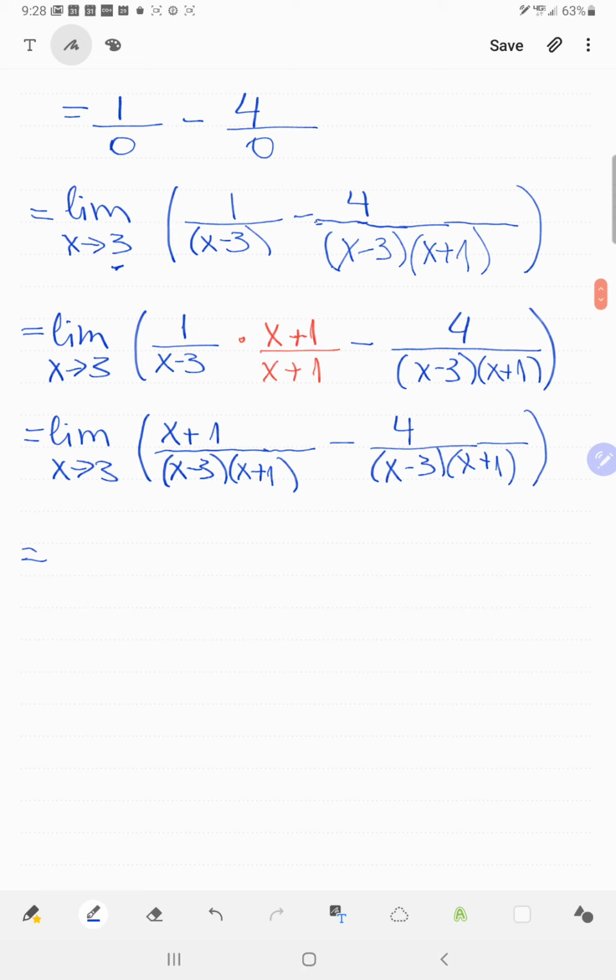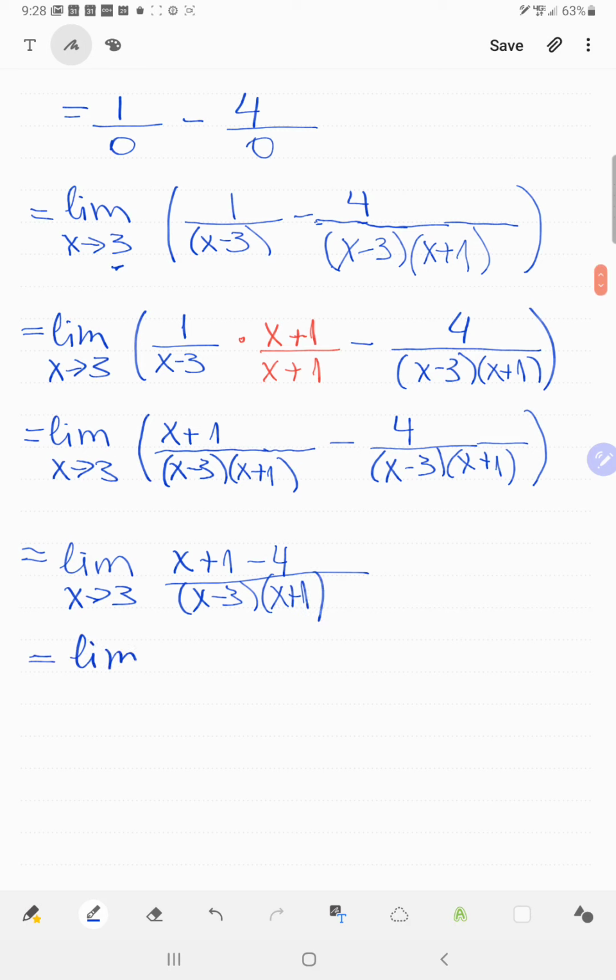I'm just copying the limit. So in the numerator, we'll have x plus 1 minus 4, and the denominator would be x minus 3, x plus 1.